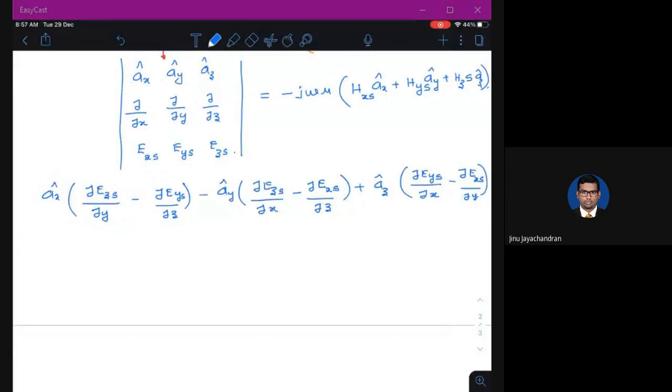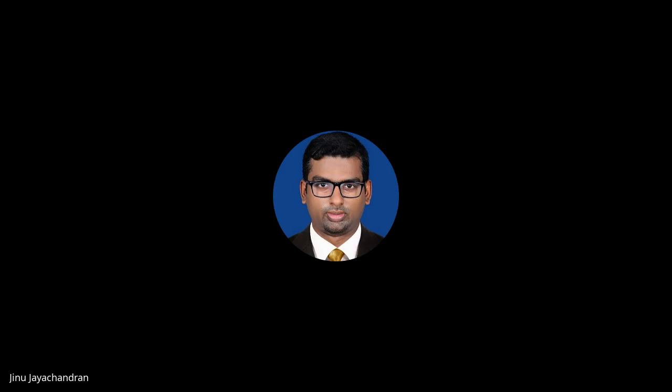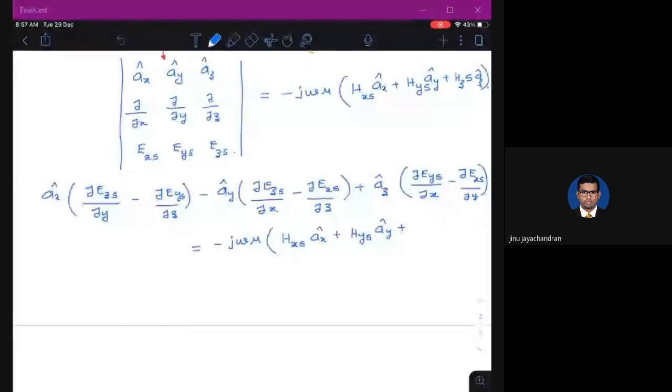So this is the left hand side. So this is equal to minus j omega mu multiplied by HXS ax cap plus HYS ay cap plus HZS az cap. I just expanded, that's all. I haven't done anything new.